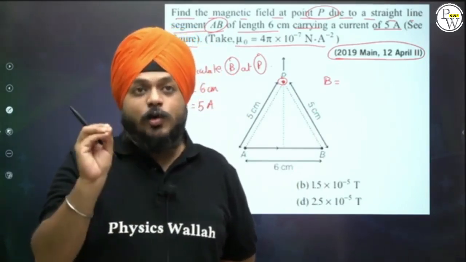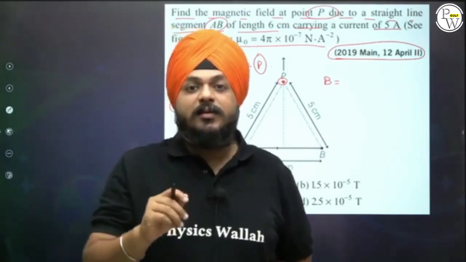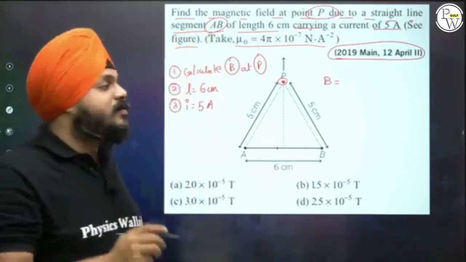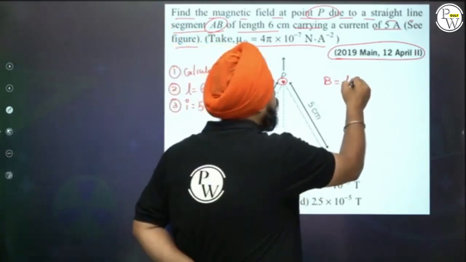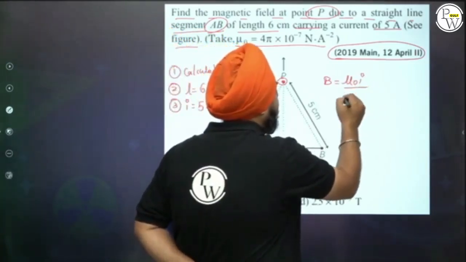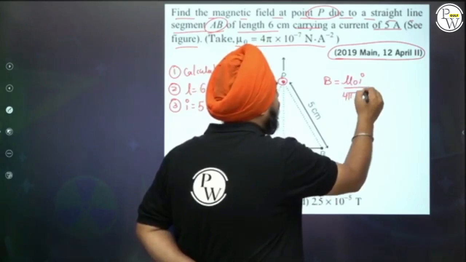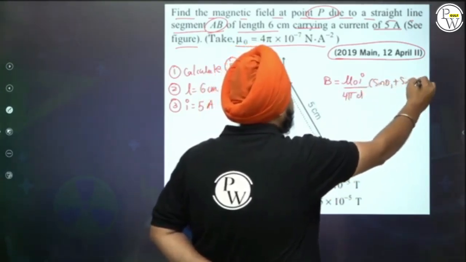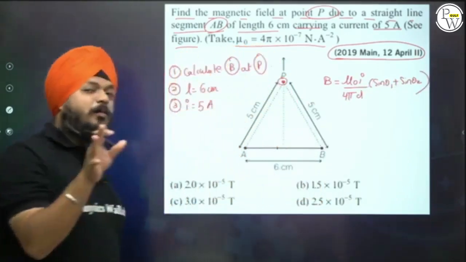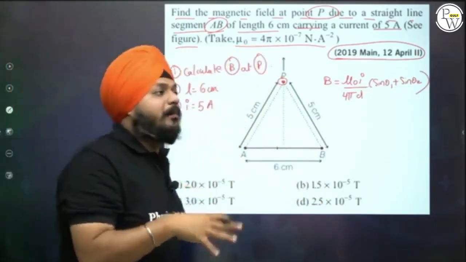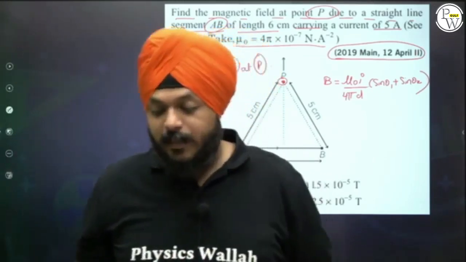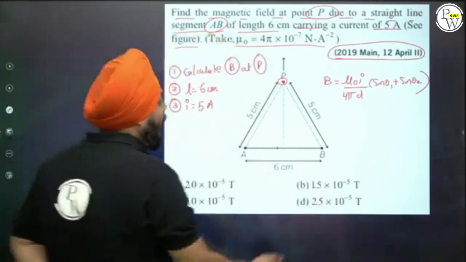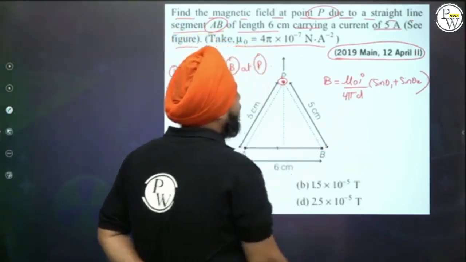After Biot-Savart's law, the very first equation we have seen is mu 0 I divided by 4 pi d, times sine theta 1 plus sine theta 2. Right now I'm only moving forward with the magnitude; by the end we will discuss the direction.